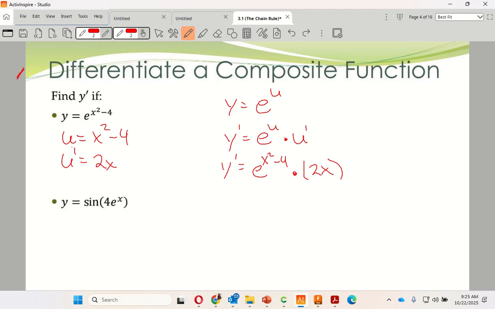All right, what's the complicated part of the next one? 4e to the x. So I would say my u is 4e to the x, and u prime.